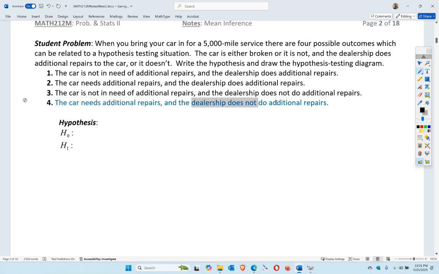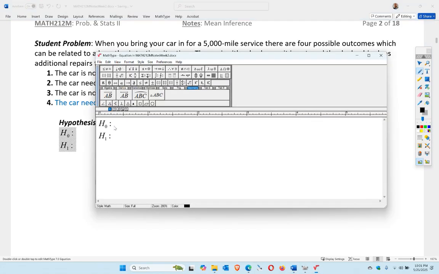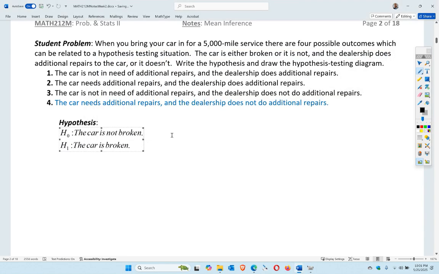As a result, you didn't do the repairs. Your null hypothesis is the car is not broken, because that would be your assumption going in for regular maintenance. If you reject that, it means you found enough evidence the car is broken, which means you would have done repairs. Maybe they found bad brake pads, a broken shock, who knows, right?